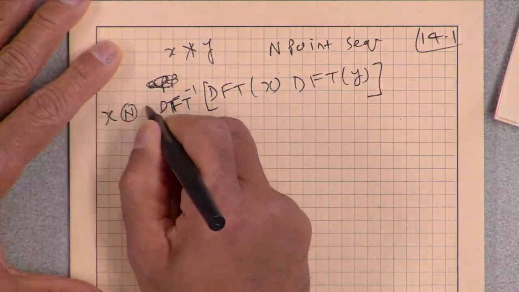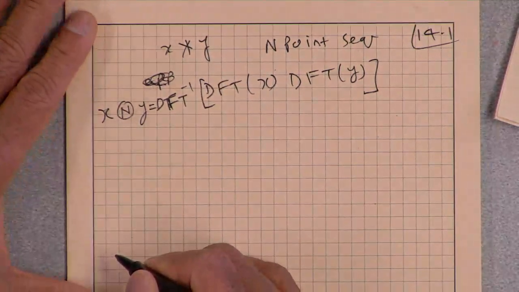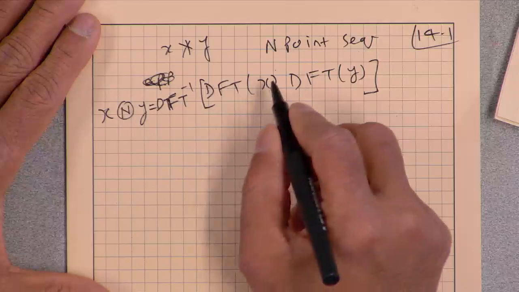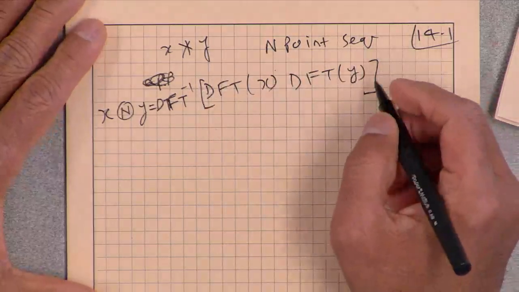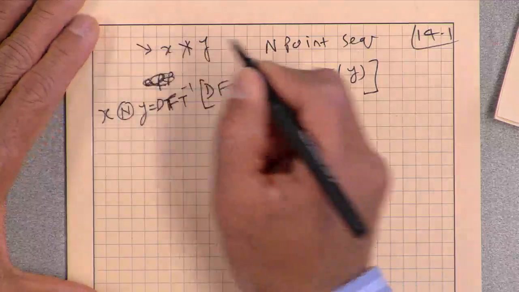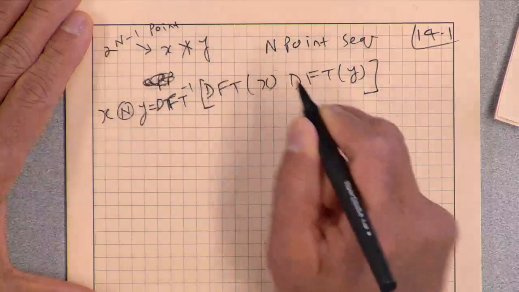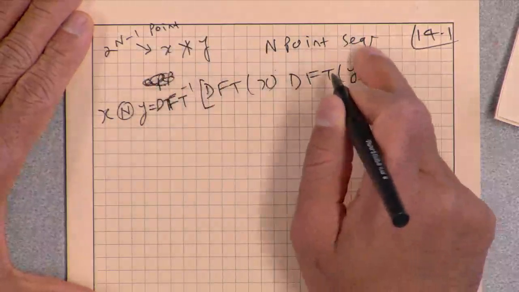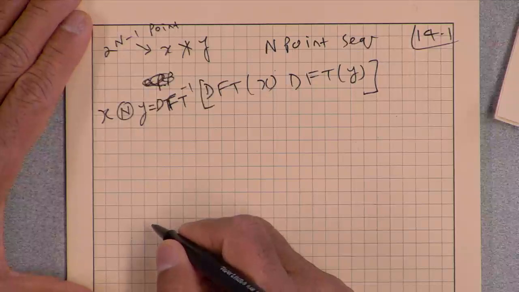That's going to be the circular convolution of x and y. The linear convolution x convolved with y will be 2n minus 1 points. If each one is n points, then this is n plus n minus 1, that is 2n minus 1 points.